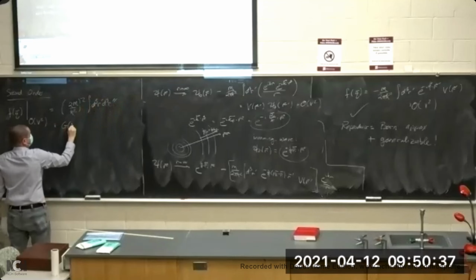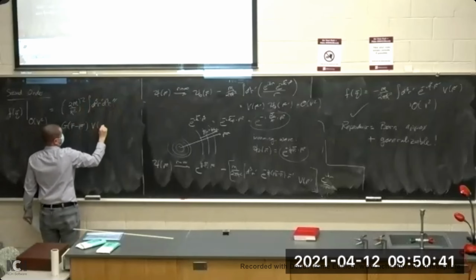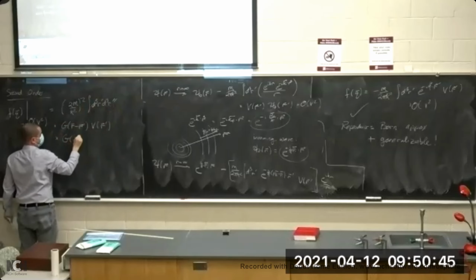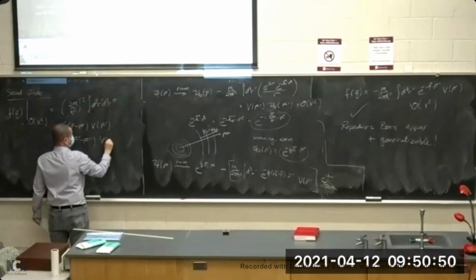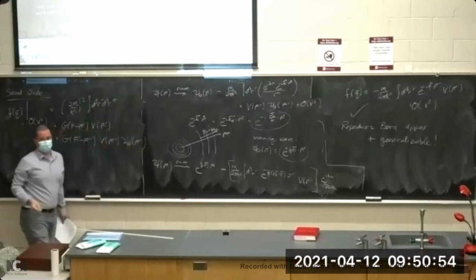We had a Green's function that propagates you to the final point r from r prime. We had the potential at r prime. We had another propagator, a Green's function that takes you to r prime from r double prime. We had another potential at r double prime, and we had the initial condition at r double prime.